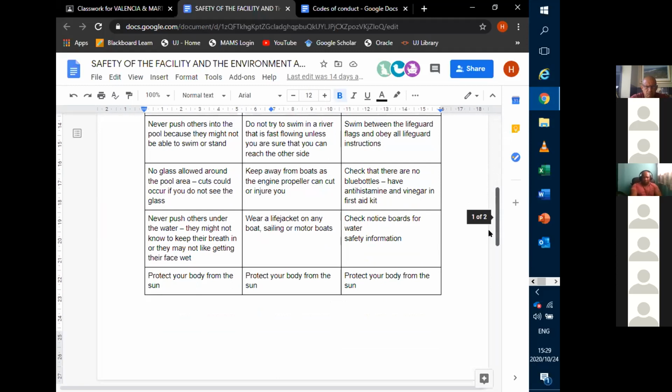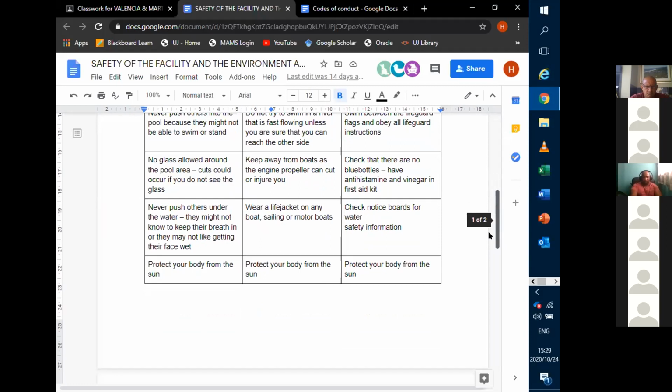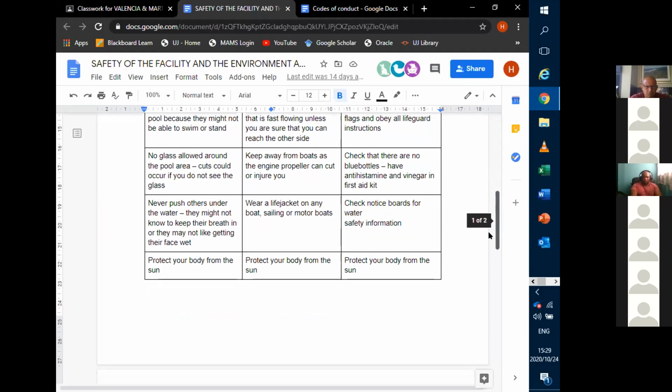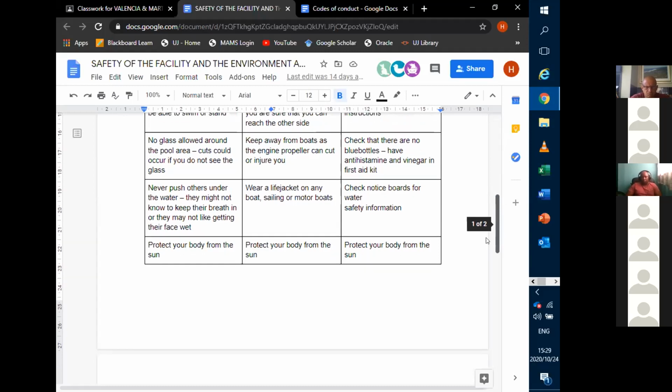Dangers in and around the water area are very important to look after. It happens very quickly, whether at a pool, a dam or a beach. So you always have to check before you start your coaching that the dangers are away, that it is clean and clear to start practicing.